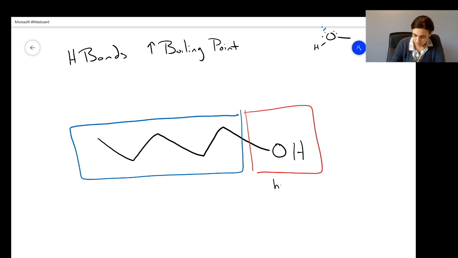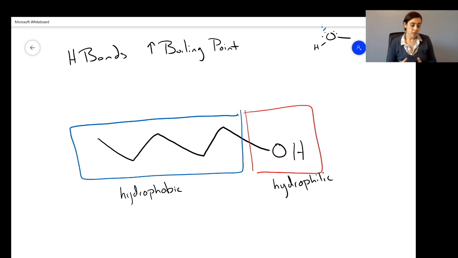This is hydrophilic, whereas the long alkyl chain will be hydrophobic, which means that the solubility of our compounds is going to be heavily dependent on the length of this carbon chain.